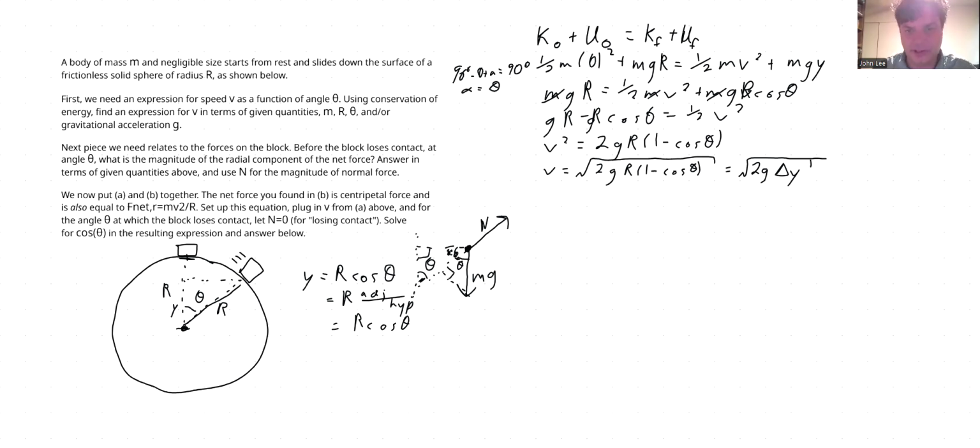So when you set up the forces in the radial direction, you end up having mg cosine theta being the projection along the radial direction, because again it is adjacent and not opposite.